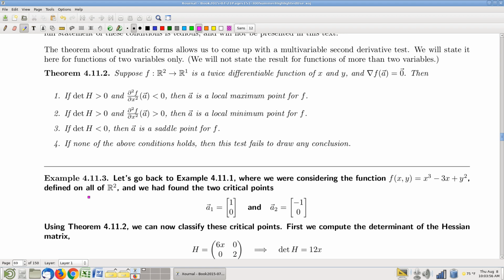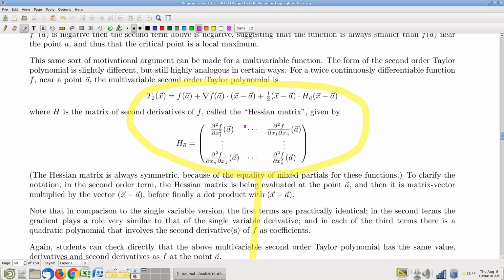But here's the result. This is kind of a second derivative test. It's not like the single variable second derivative test. The analogy breaks down pretty hard. So here's the punchline. You've got to look at the determinant of this matrix over here called the Hessian matrix.